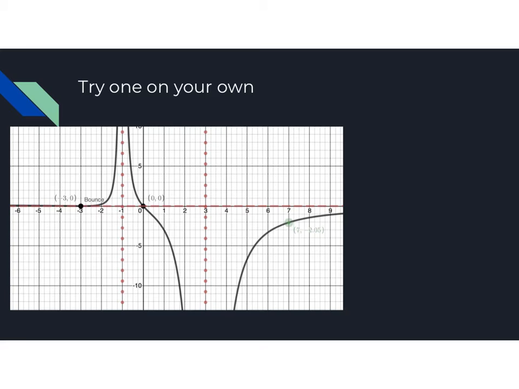I notice that I have an x-intercept at (-3, 0) with a bounce. That means multiplicity of 2. I have a second x-intercept at (0, 0) with a cross. That means multiplicity of 1. Your x-intercepts belong in your numerator.